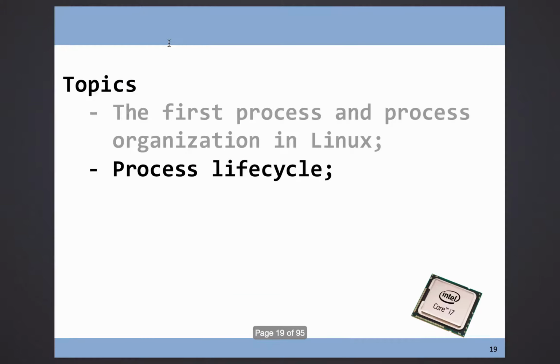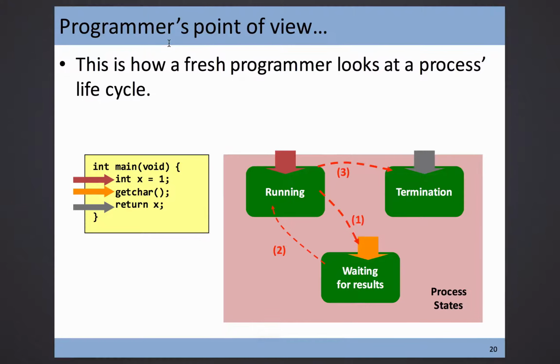Okay. So now another thing, which is very related to your life in this faculty, right? You launch a process. You want to know how a process should behave, right? And I think that you are already used to this diagram. So what is this diagram? In your mind, you already know about this, but you never figured out that there is such a relationship. You have a running state of a program.